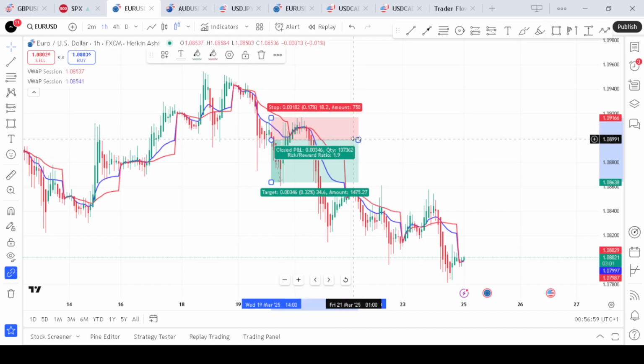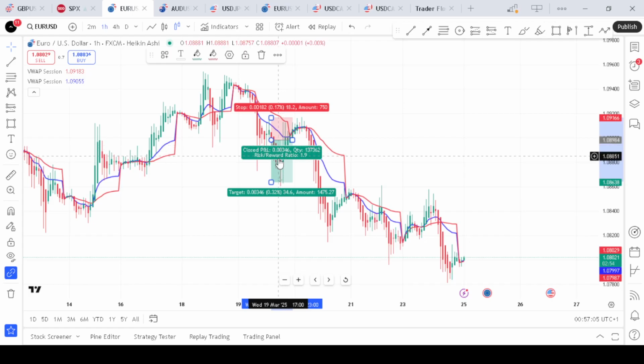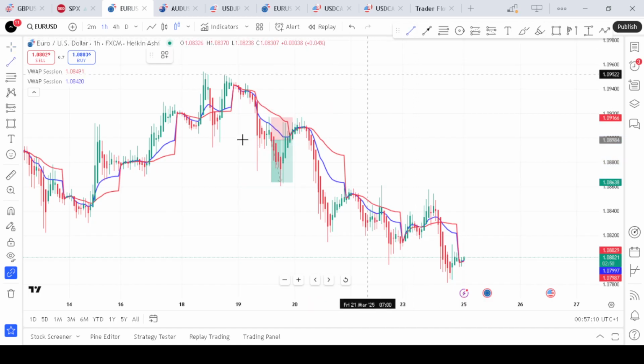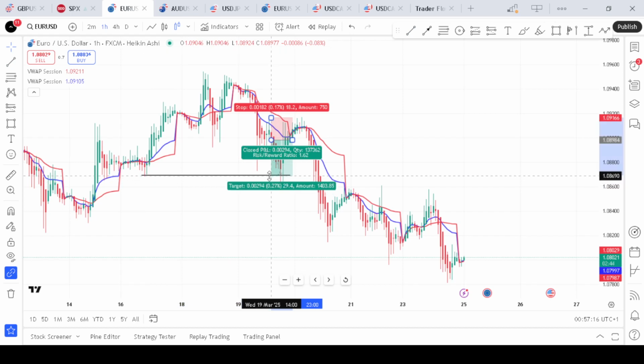This is where you set your stop loss, and you target near a support region. This can be your targeted area. This is a previous support region. You can target this area for your take profit, which will give us a 1:1.6 risk to reward.